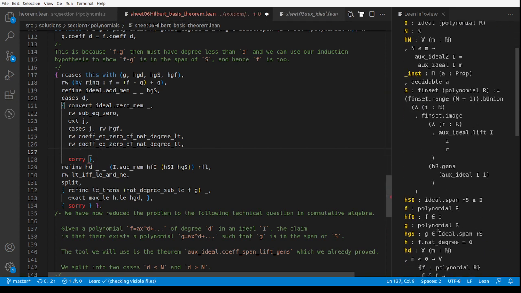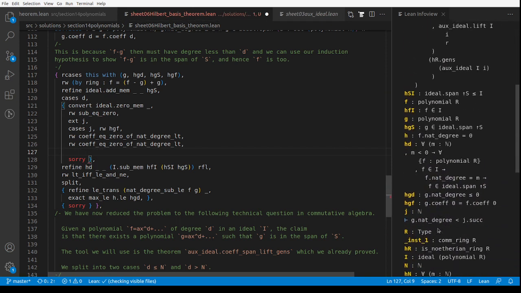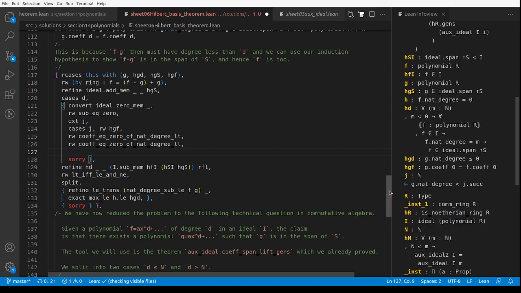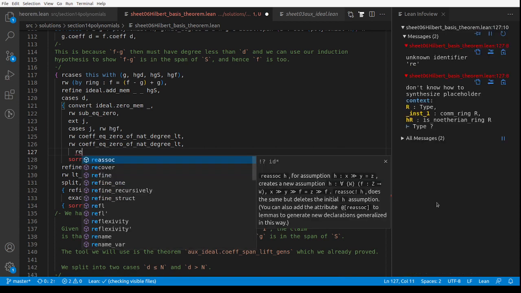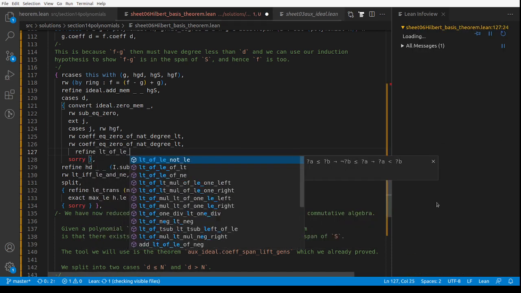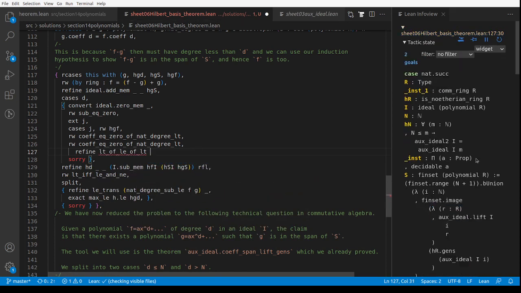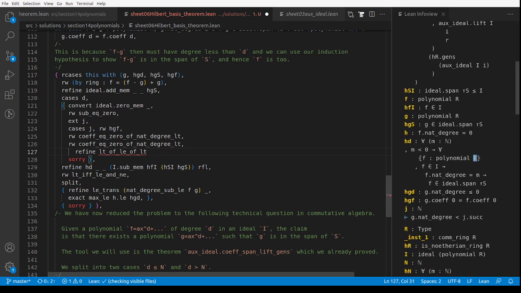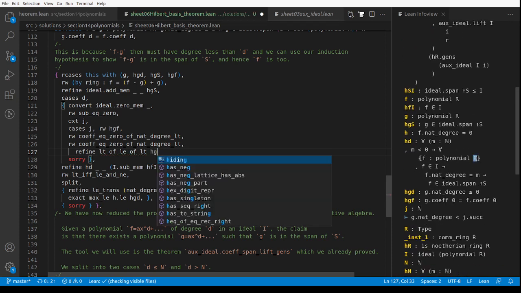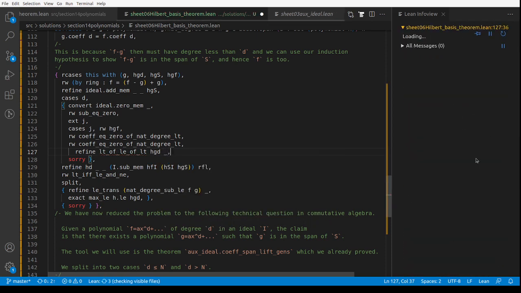Does it not know 0 < succ? G.natDegree is less than or equal to 0. So this is, I mean, this is refine lt_of_le_of_lt, and then it was whatever it was, hGD. Oh, and then underscore.